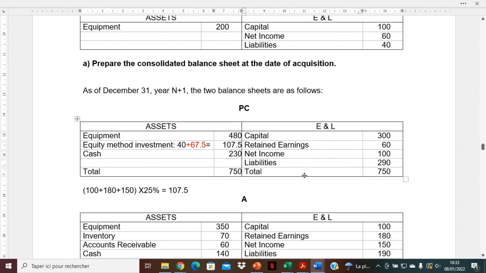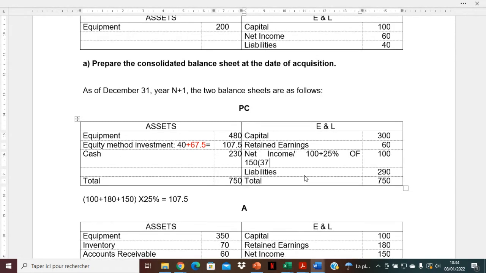Okay, so that means I have the net income of the parent company, and I add 25% of the net income of the subsidiary, which is 37.5.